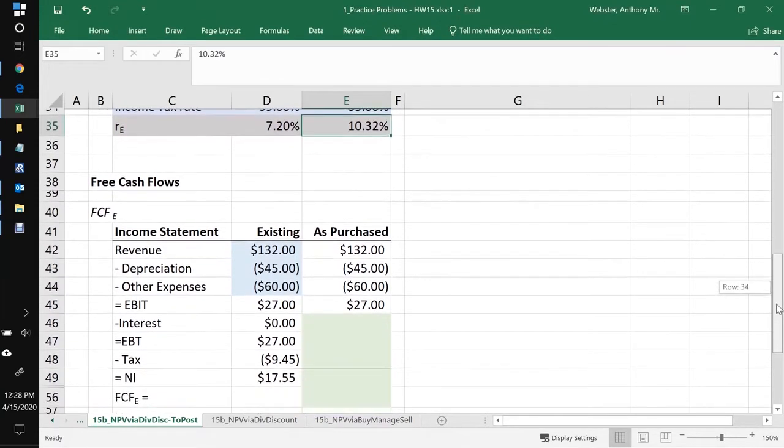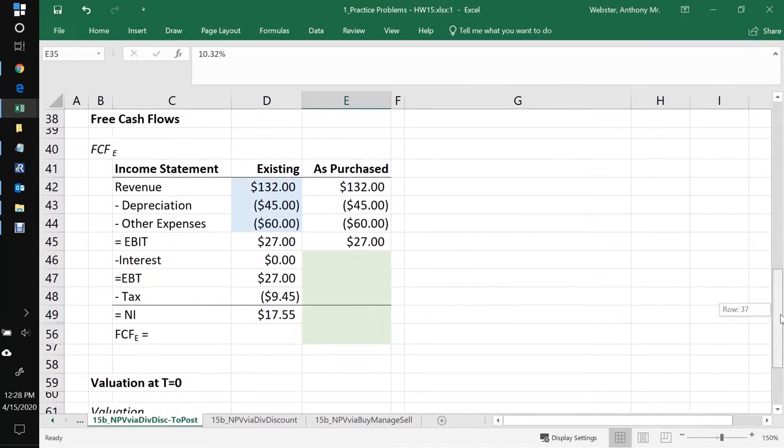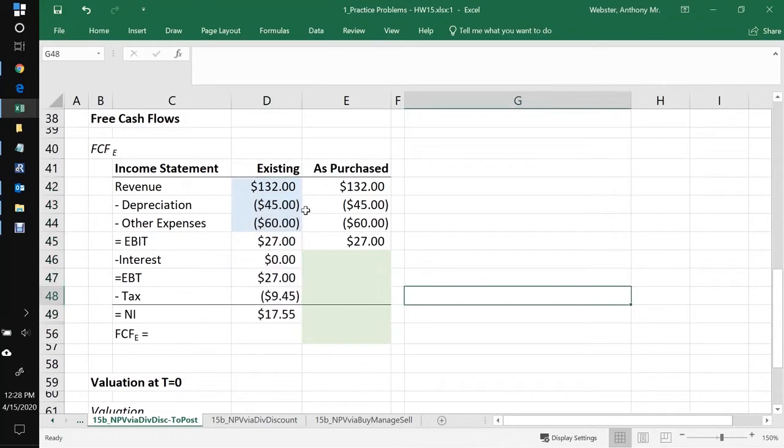Okay, so now we're ready to get the free cash flows for this guy. And so what I've got here is their most recent income statement. And remember, it's a steady state firm, so that's going to be the income statement from last year, this year, next year, except what?